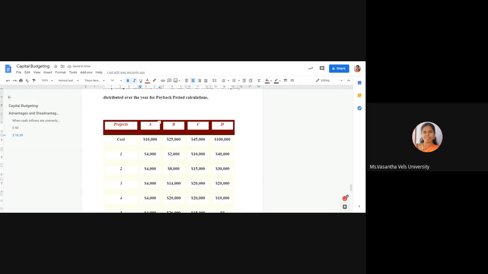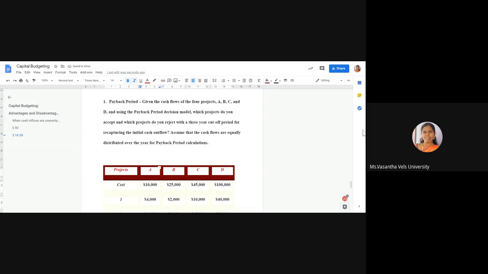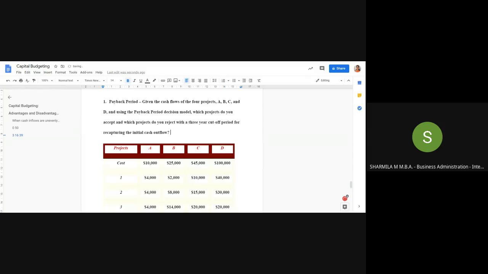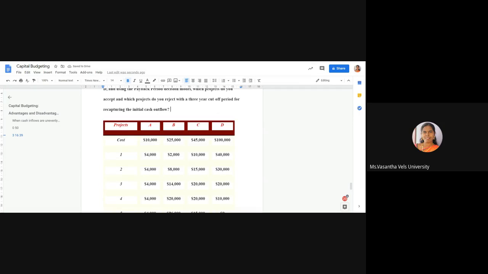Are you able to view the question? Yes, ma'am. Okay. So this problem consists of, please, I repeat. Here, question A, cost outlay is how much? This part you should not take it. That is zero here.